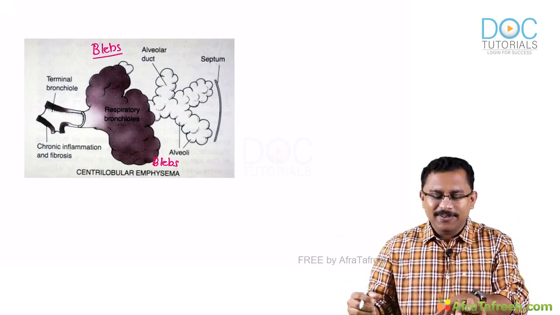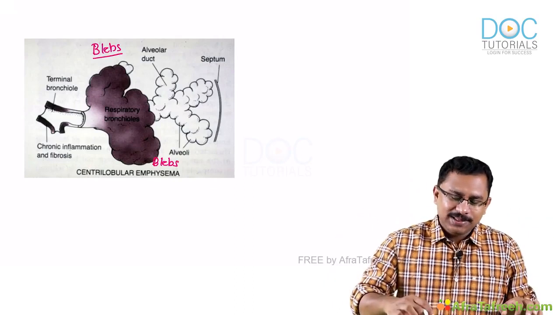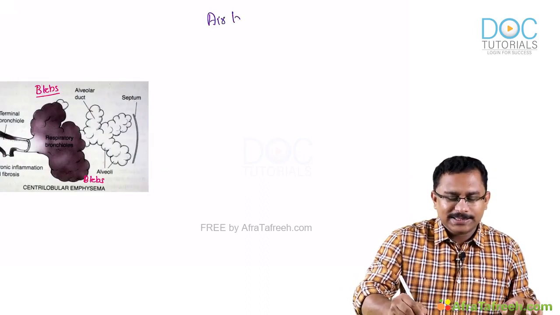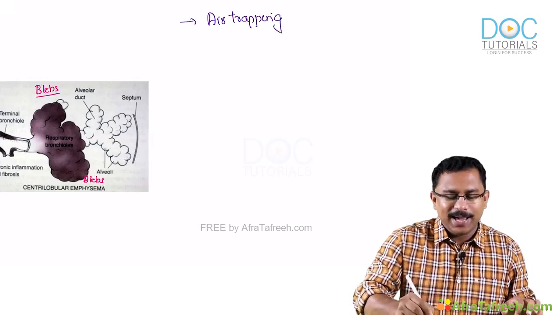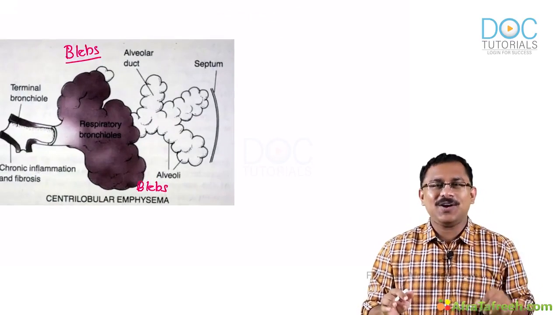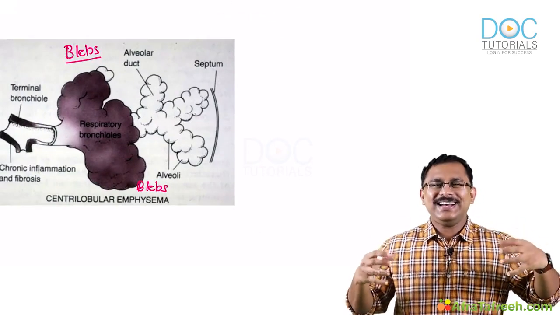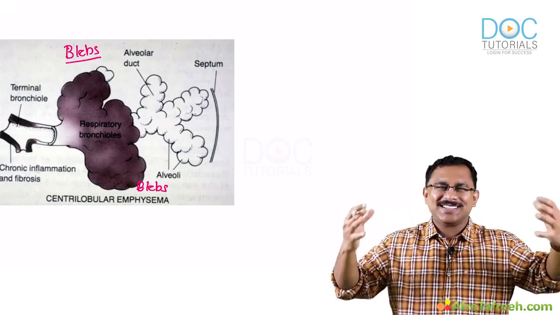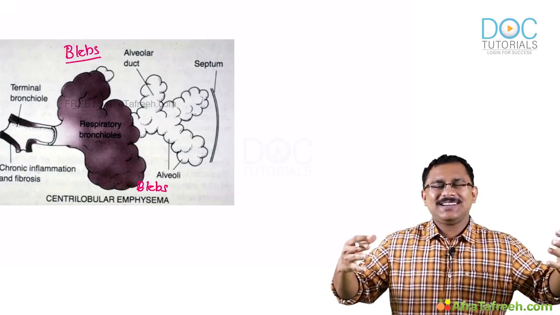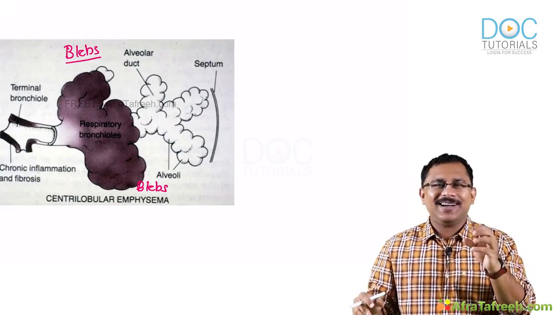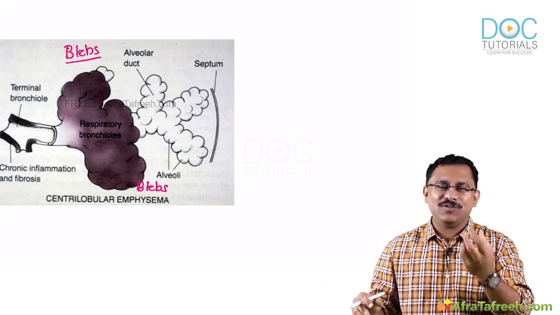So will you agree with me if I say that there is air trapping happening? Where is this air trapping happening? It is happening in the respiratory bronchiole. You agree with me or not? So all the air is getting trapped in your respiratory bronchiole. There is some destruction of the respiratory bronchiole, there is dilatation. So enough air is not reaching the alveoli.